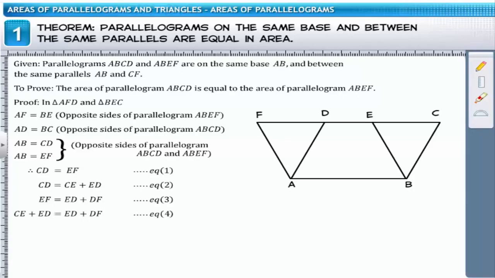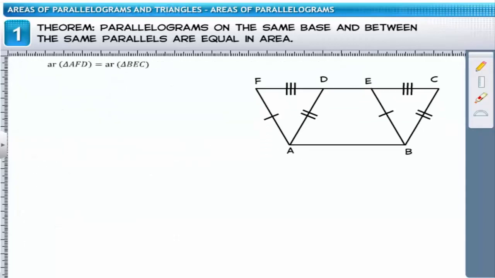Cancelling ED from both sides of equation 4, we get CE is equal to DF. In triangles AFD and BEC, we have AF equals BE, AD equals BC, and CE equals DF. Hence, by the SSS congruence rule, triangle AFD and triangle BEC are congruent.